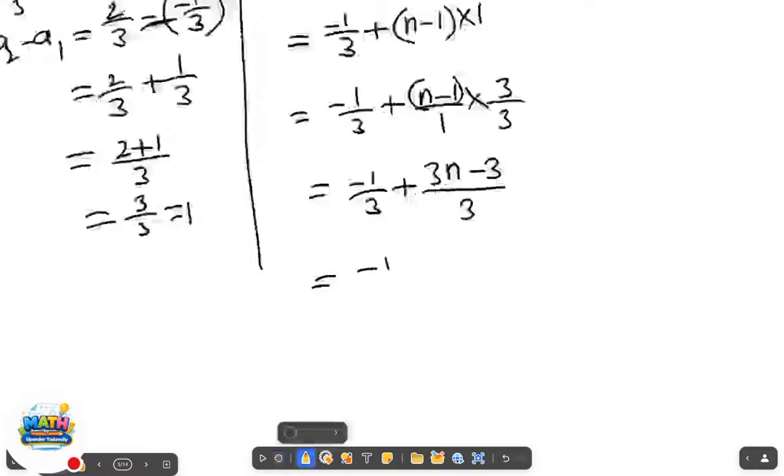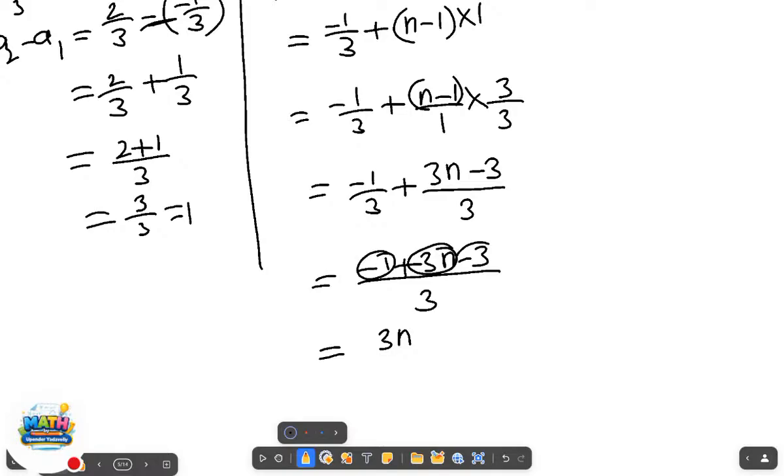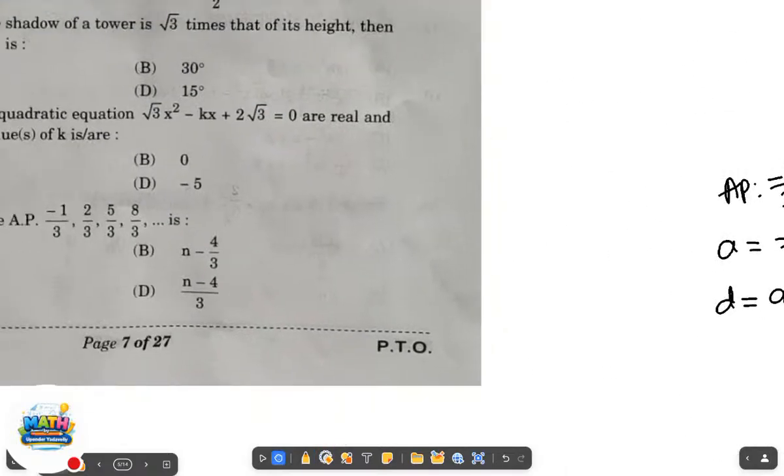So minus 1 plus 3n minus 3 whole by 3. So this 3n as it is, minus 1 minus 3 is minus 4 by 3. So do we have this option? 3n minus 4 by 3. 3n minus 4 by 3.